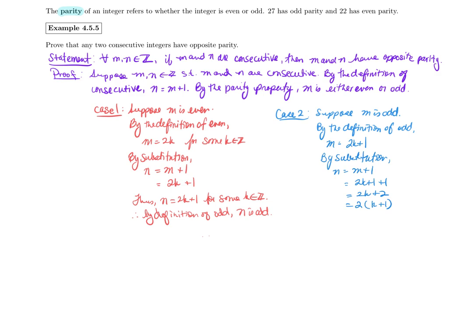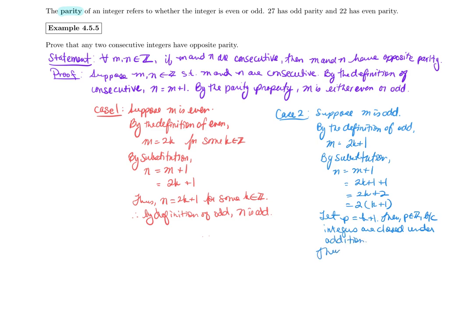So now we have 2 times the quantity k plus 1. So let's let p equal k plus 1. And then we know p is an integer because integers are closed under, and I hope you said, addition.